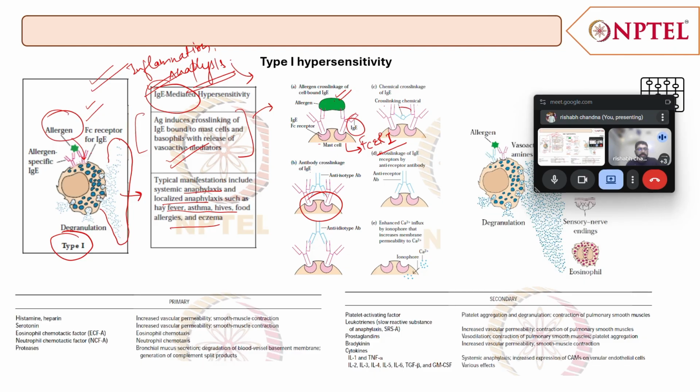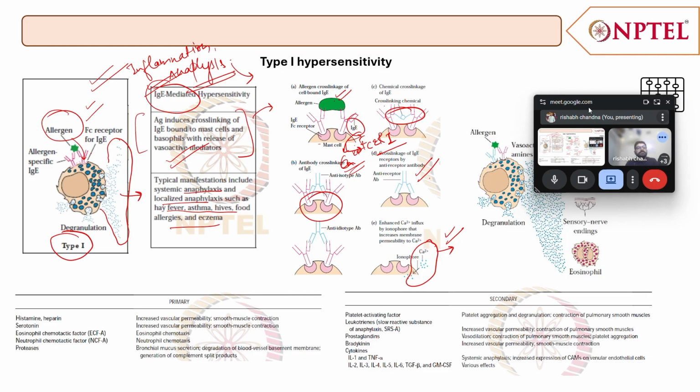Okay, then any anti-receptor antibody can block this particular receptor, and after binding there is influx of calcium. Okay, so this influx of calcium leads to the degranulation of the different granules. So if we can block the calcium influx, that will help in reducing this particular allergy.